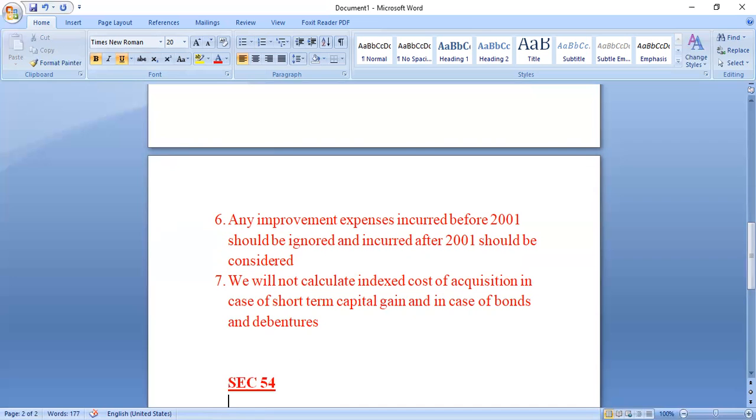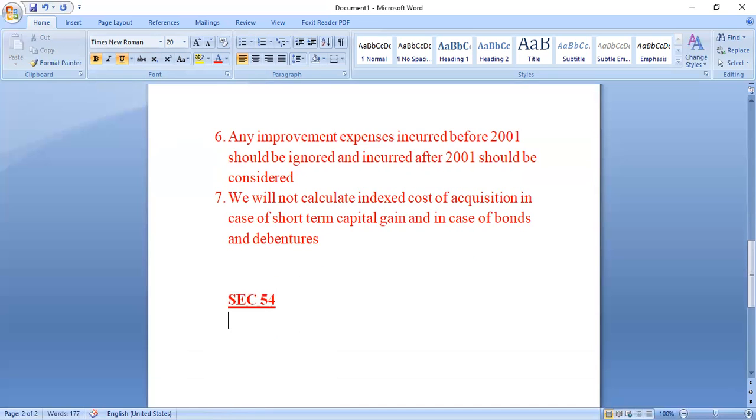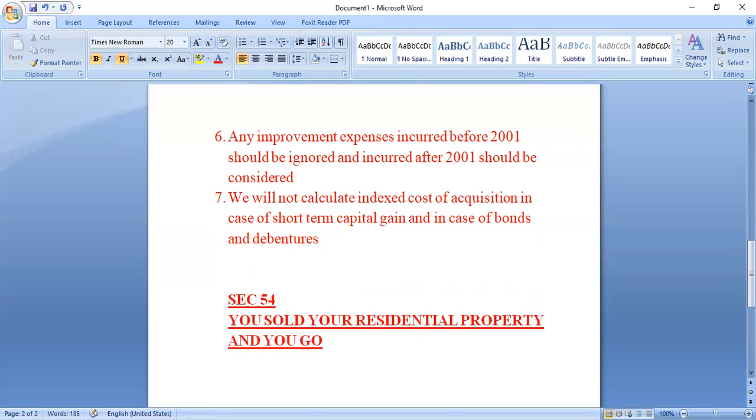Suppose you sold your residential property, and you got a gain of, let us say, 20 lakhs.